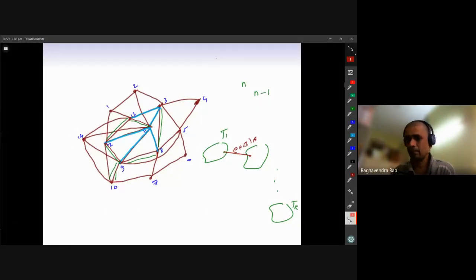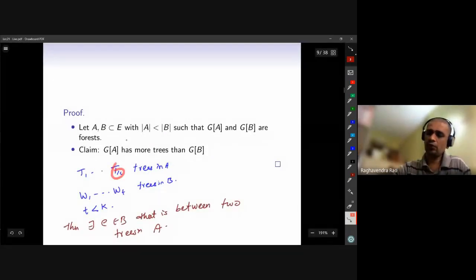Which is true, right? Which has to be. If you are going to have a smaller number of components, that means how do you have a smaller number of sets? Two of the sets may not be merged completely, but there has to be something between them. Otherwise, you cannot have a smaller number of sets. You can just imagine these as sets. If you're going to have a smaller number of sets, you may have to take a union, or it may not be a complete union, but at least one vertex from here and one vertex from here should be connected.